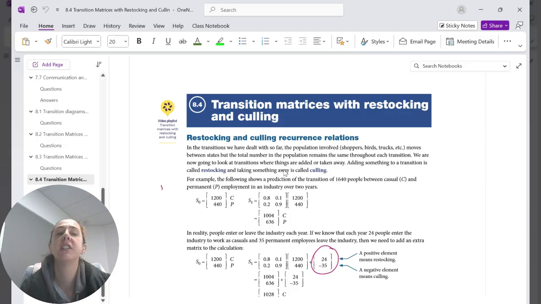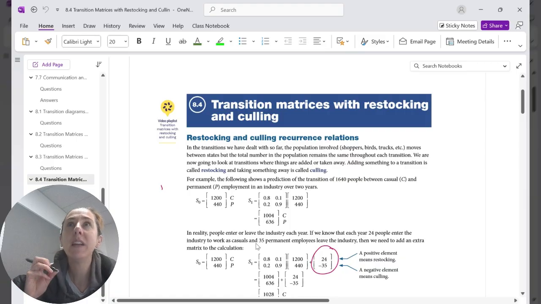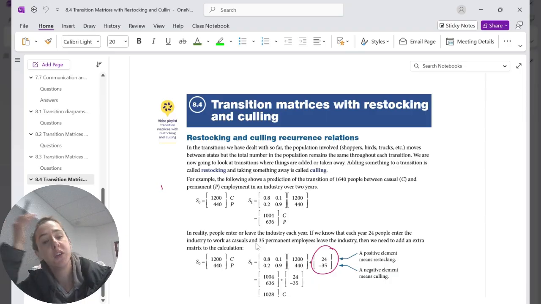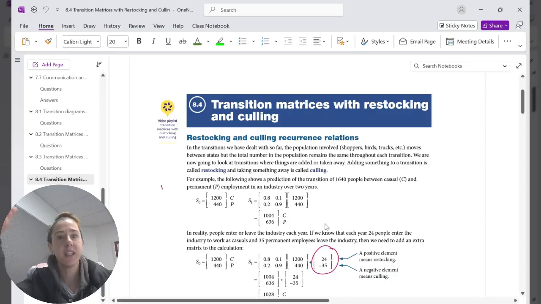We are now going to look at it in terms of restocking or culling, so adding in or taking away things from the population. They operate very similarly, but we just have to do a few little extra things on the end to show this restocking or culling.